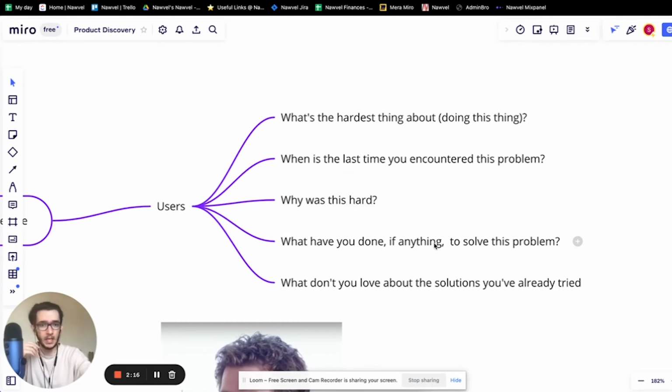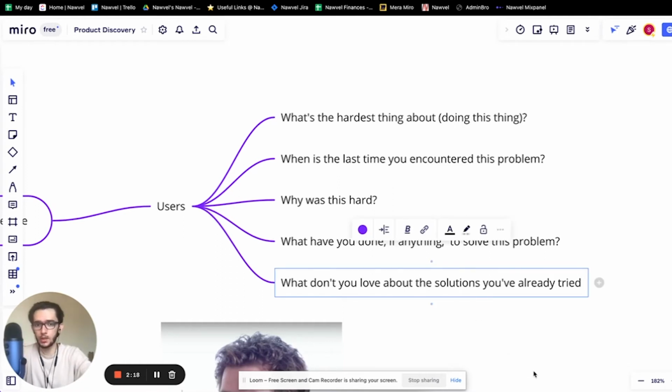Even if not, the last question really digs deeper into everything that they've tried, themselves in a hacky way, or using a product that exists in the market. But the last question really breaks down into, what is it that they don't love about the solutions that they've tried? Here, this gives you a better starting point to start defining the variables or the factors that you will compete on.